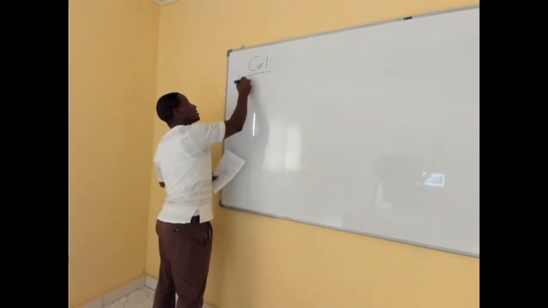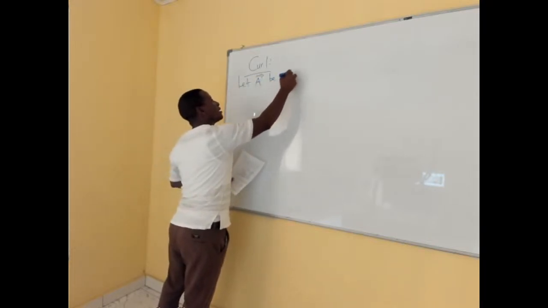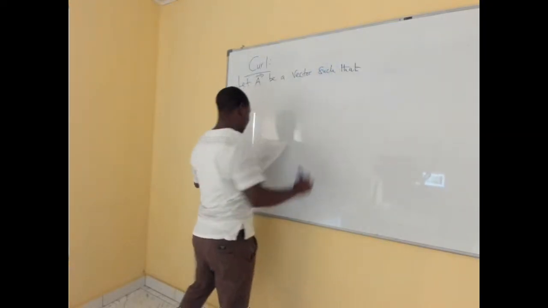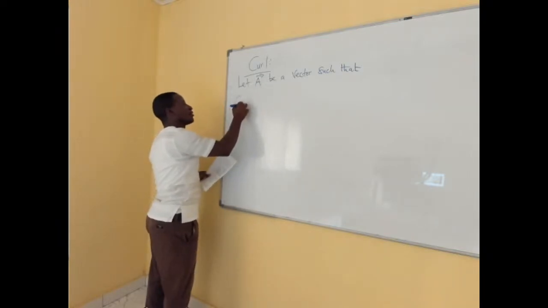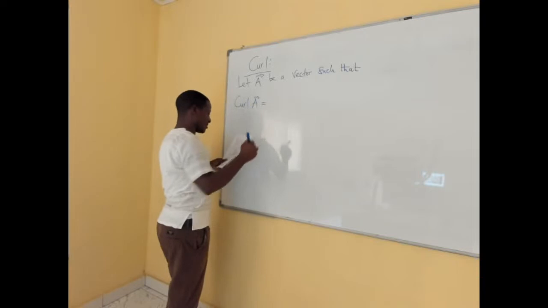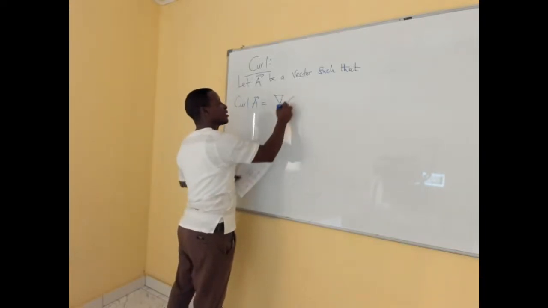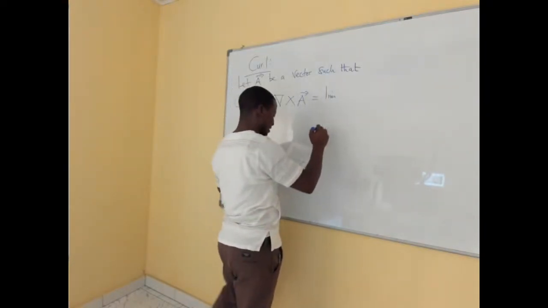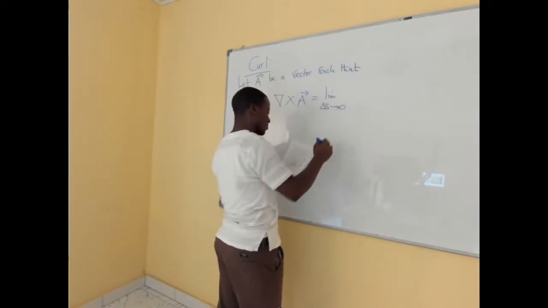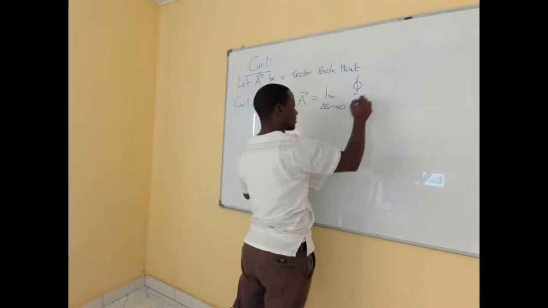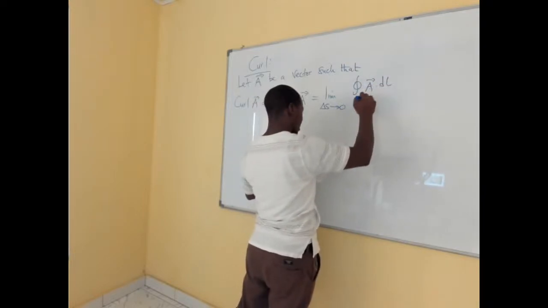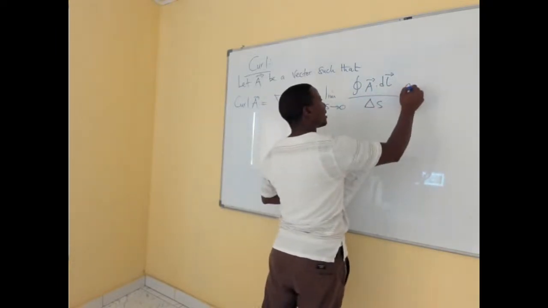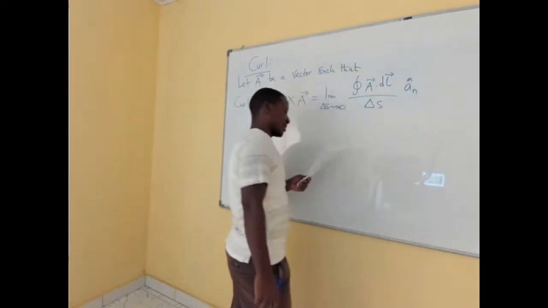So let A be a vector such that the curl of A, which is the same as the del cross A, must be equal to the limit as the change in the displacement goes to 0 of the integral of A dot dL over the change in S multiplied by the small vector.